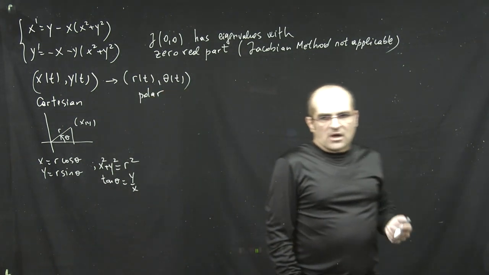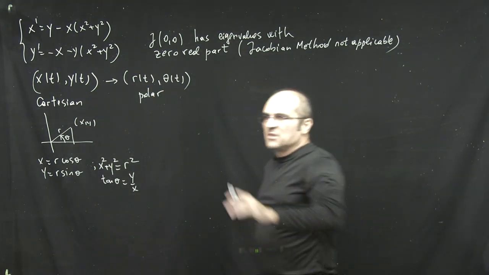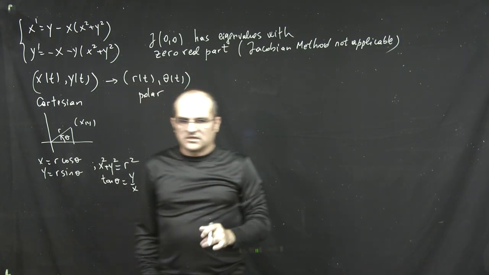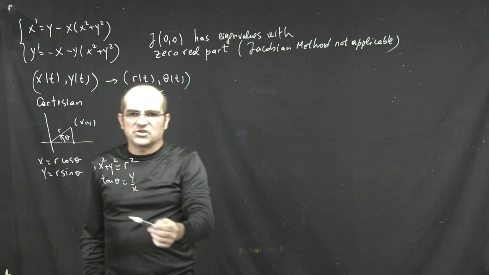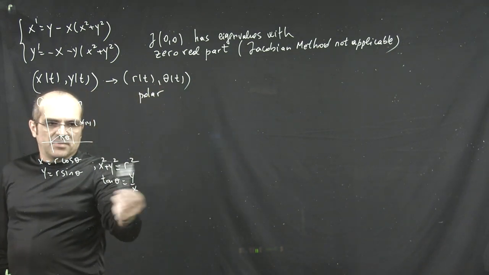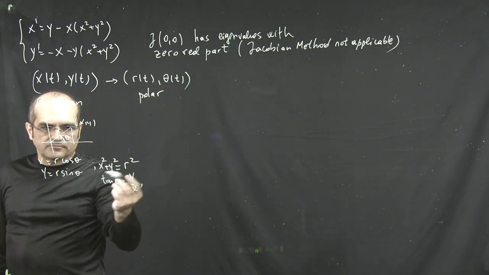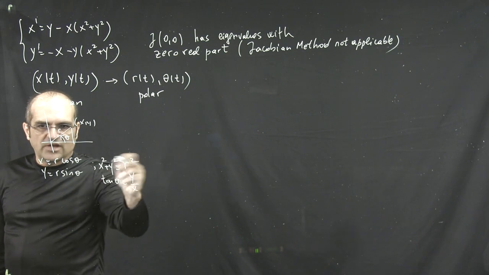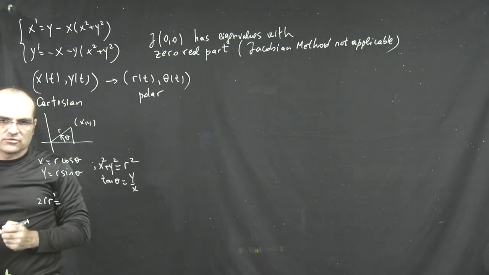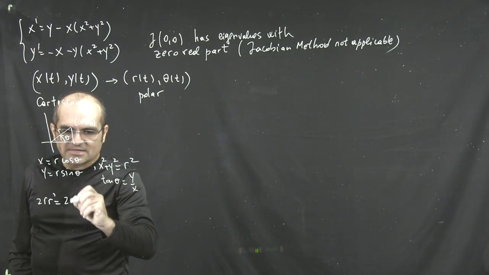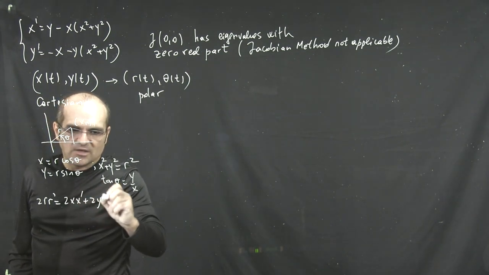So one attempt to figure out the differential system in polar coordinates is to differentiate these equalities. Let me do this again just for completion. We did that last time, but let's do it again for r prime. When I differentiate both sides, I get 2r prime, remember it's the chain rule here, equals 2x x prime plus 2y y prime.